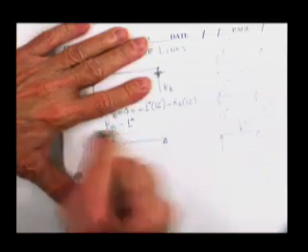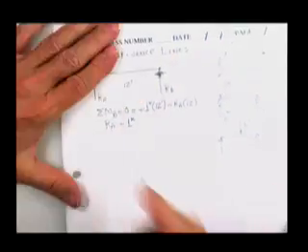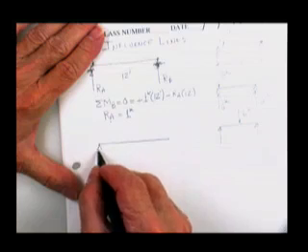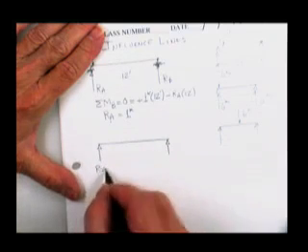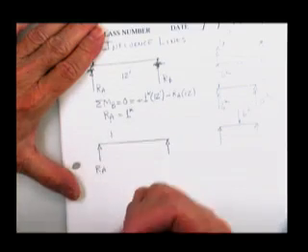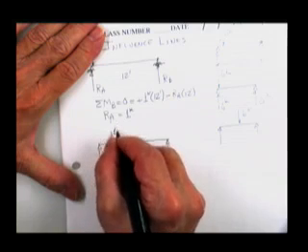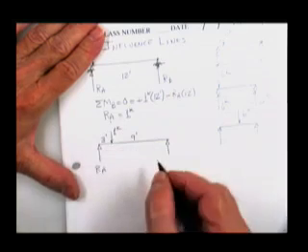Let me get this out of the way so it doesn't look like that's the load. I'm going to move down to a new picture of the structure. Here's the reaction at A. Here is the unit load. This is 3 feet, 9 feet.